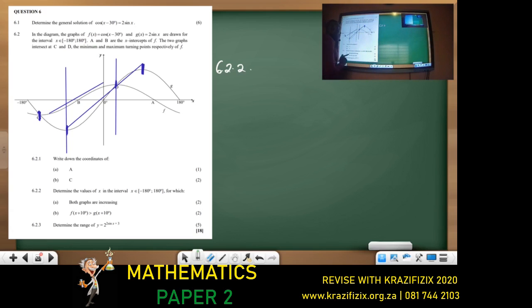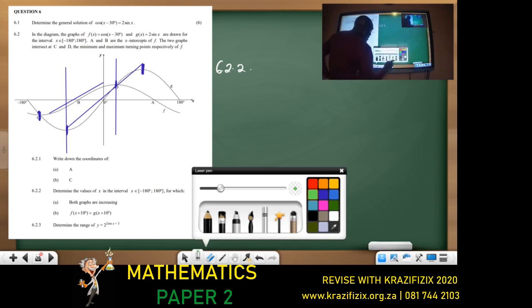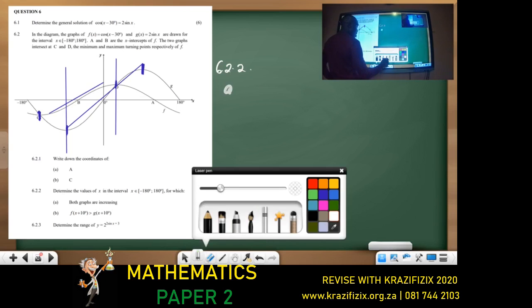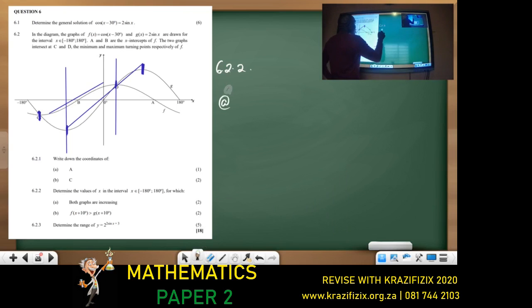But now we are moving. So if we move, what will our answer then be? Now it's going to be between these two values. Already I'm going to have that, and O is already 30 degrees.